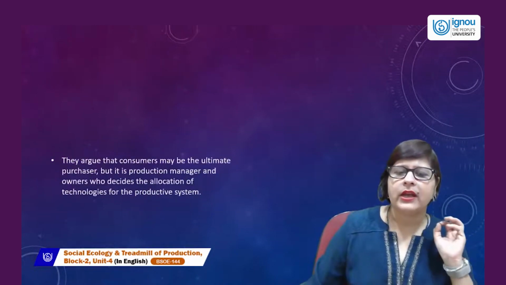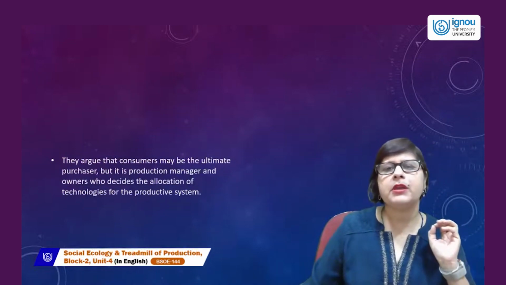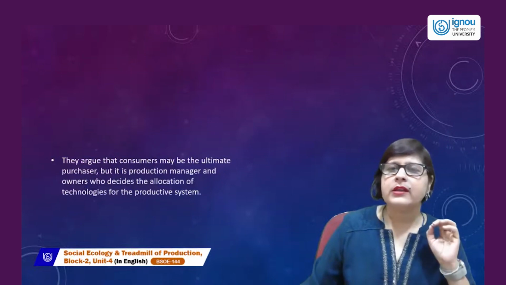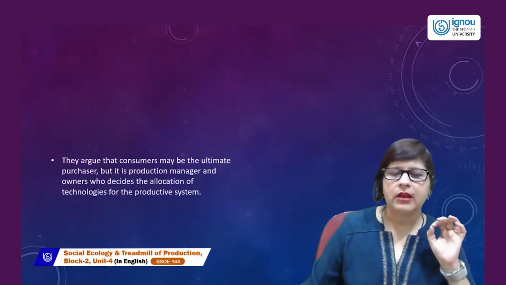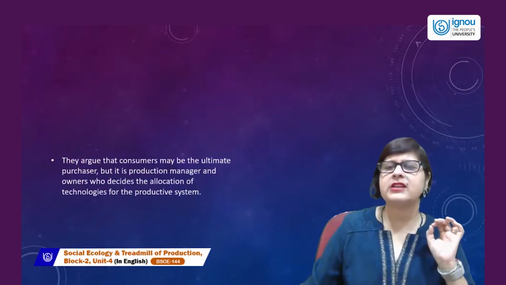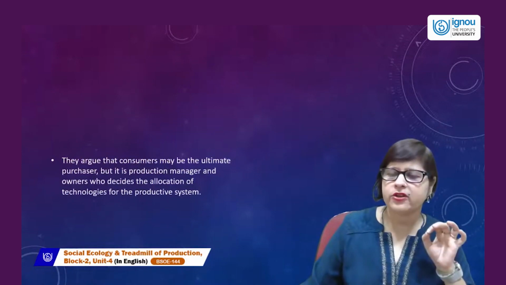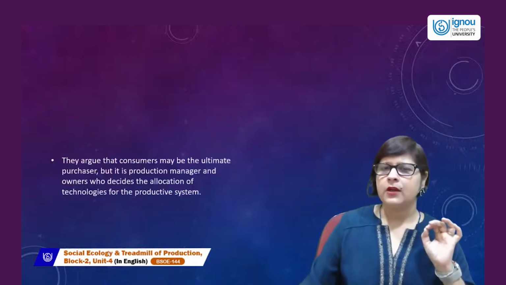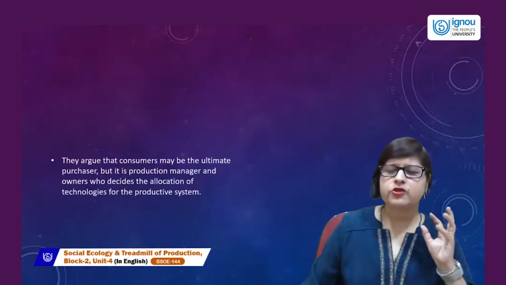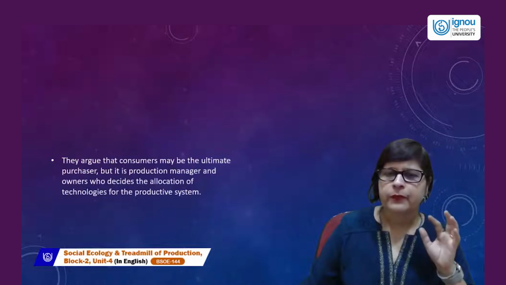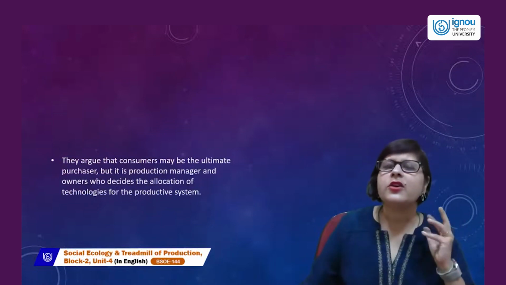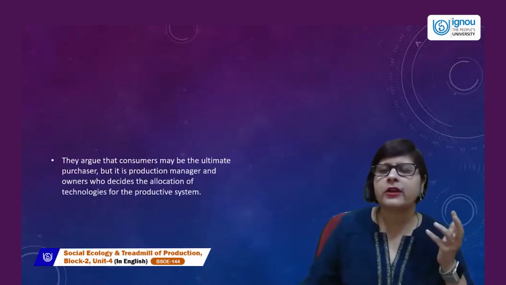They argue that the consumer may be the ultimate purchaser, but it is the production manager and the owner who decide the allocation of technologies and the productive system. So, according to this treadmill theory of production, it is the producer, or the owner, who decides the allocation of the technologies for the productive system.